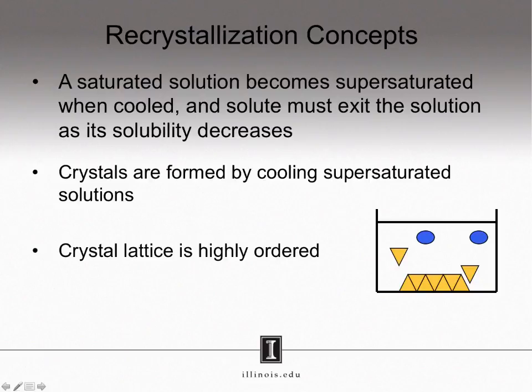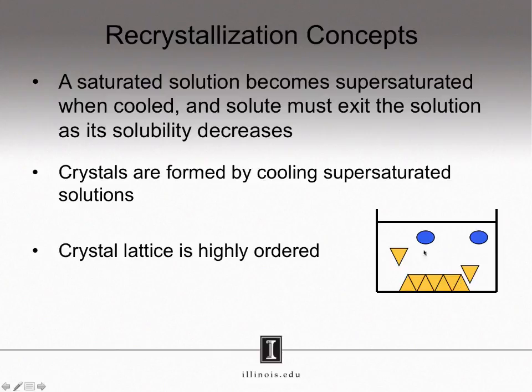This regular ordered arrangement is very thermodynamically stable because our solute molecules, represented here by the yellow triangles, fit together very well. This is the reason recrystallization is able to purify compounds. The stability the compound gains by forming a crystal only occurs because the solute molecules really want to stick together to form these structured crystals.